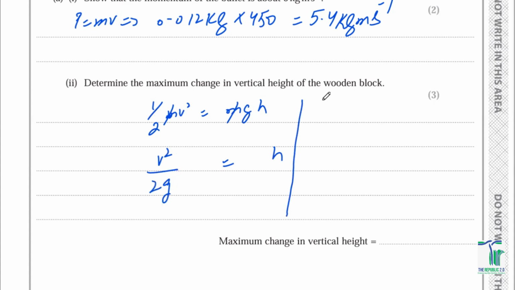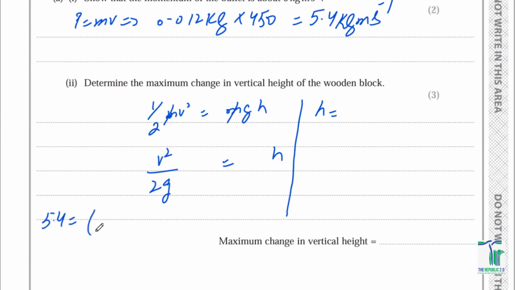Now I'm just going to plug in the values. First of all, we do not have the speed of the wooden block, so we need to calculate the speed. The speed is the momentum translated, which was 5.4, right?